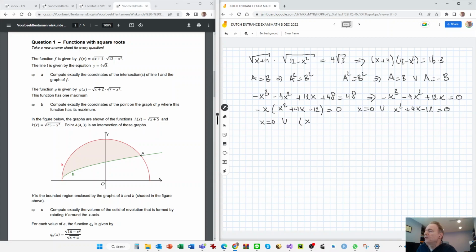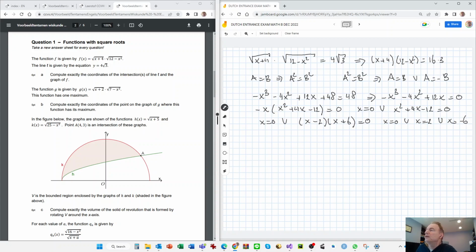So you can write it as x minus 2 times x plus 6 equal to 0. So either x is 0, x is 2, or x equals minus 6.